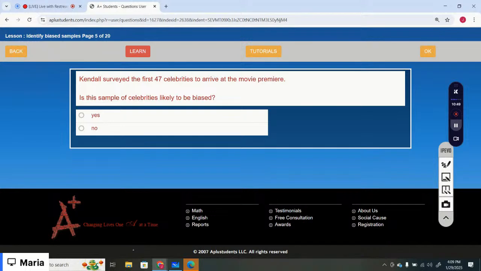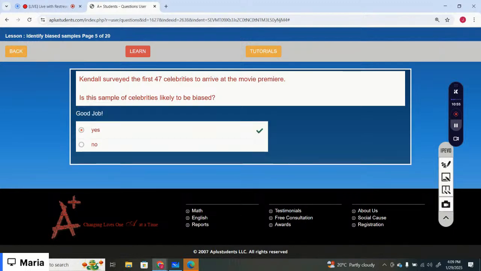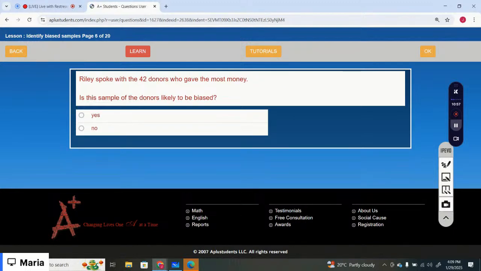I think yes, that is also a biased sample, because the first 47 celebrities are more likely to be chosen than the others. So yes, that is a biased sample.